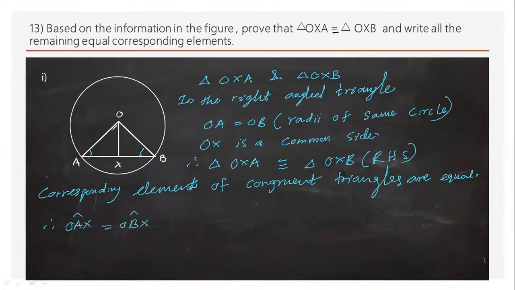These two angles, and this angle and this angle, AOX and BOX, are corresponding elements of congruent triangles, and AX and AX. It's not difficult, right? Easy. Now it is easy for you. You know the four cases. Now any situation you can face.